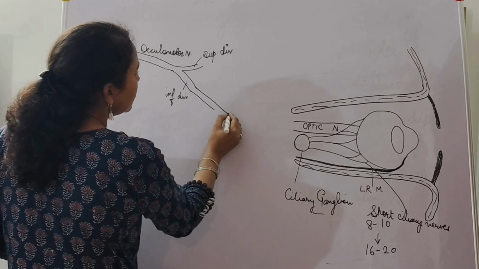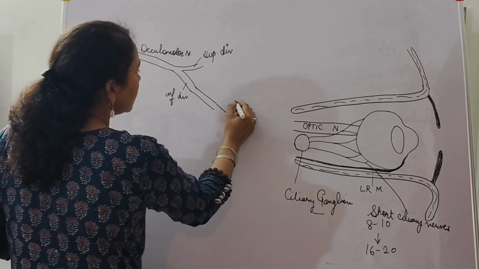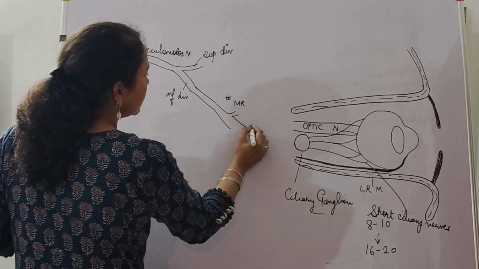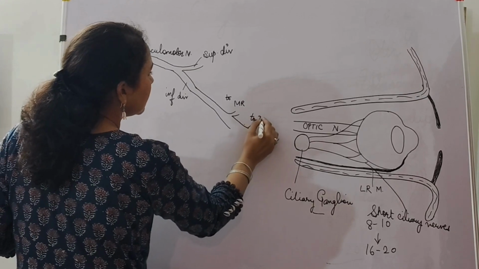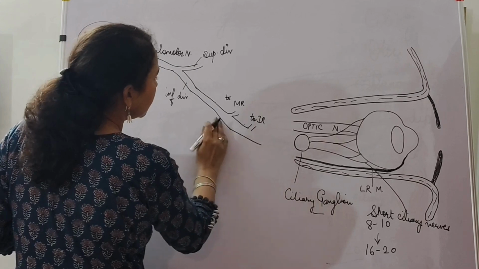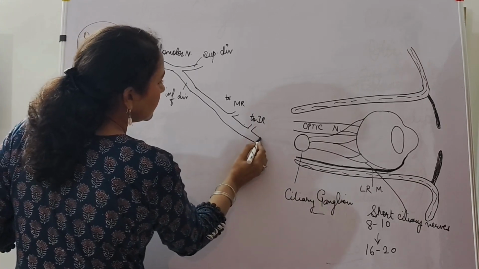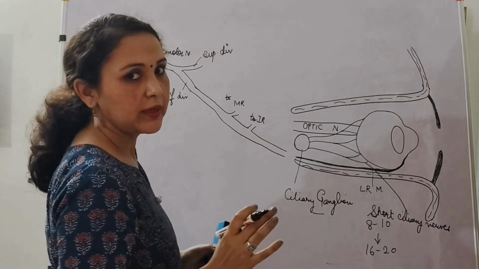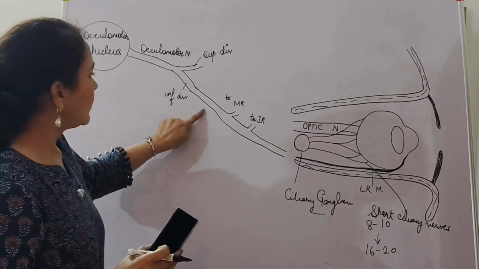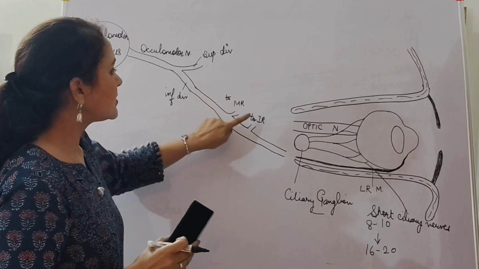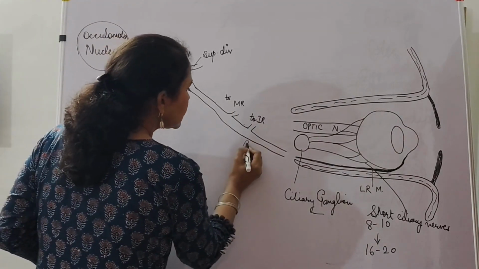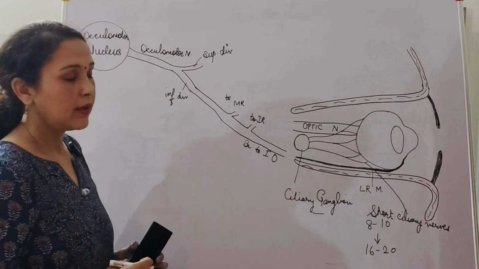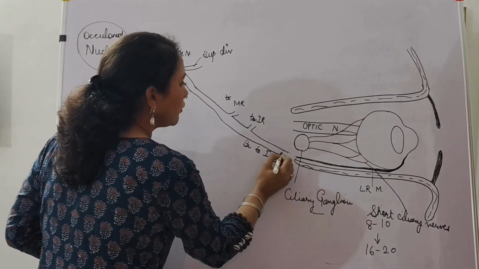This inferior division gives branches to medial rectus, to inferior rectus, and this branch goes to the inferior oblique muscle. Right? It will go to the inferior oblique.